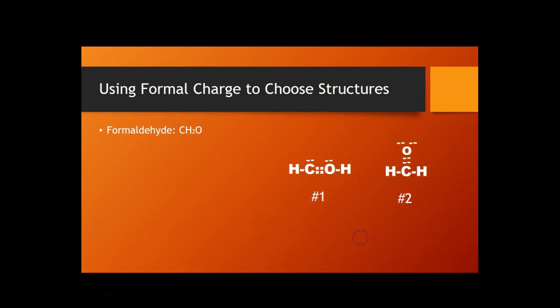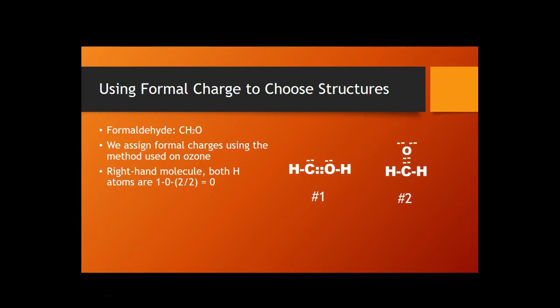Now let's look at the other one. We've put in the 2 lone pairs. We assign formal charges as before. In this right-hand molecule, both hydrogen atoms have 1 electron minus no lone pairs, minus 1 bond, so 2 electrons over 2. 1 minus 1 is 0.